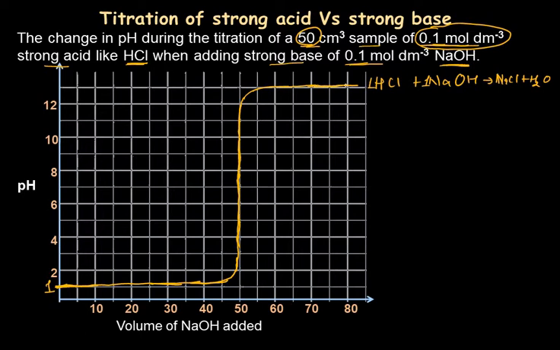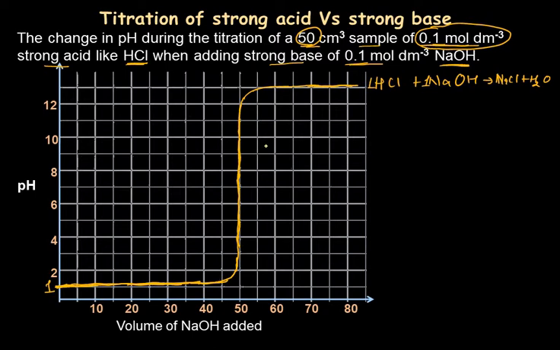This is how the pH curve will be seen. From this curve, we can observe that the pH starts increasing just before the equivalence point, and till then the pH is almost the same, with only a small increase in the pH.